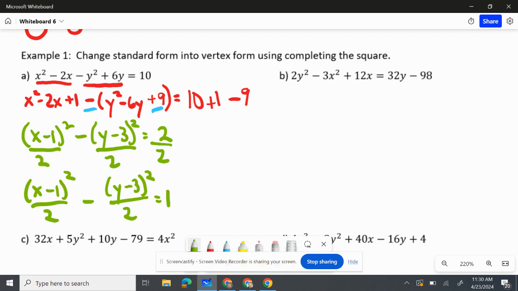For the next one, we have to reorganize it. So I'm going to put my y's first because they're positive. So what I have is 2y squared minus 32y minus 3x squared plus 12x equals negative 98.